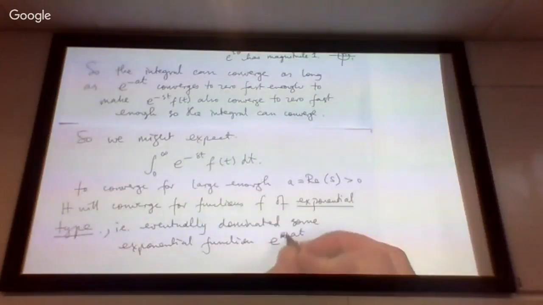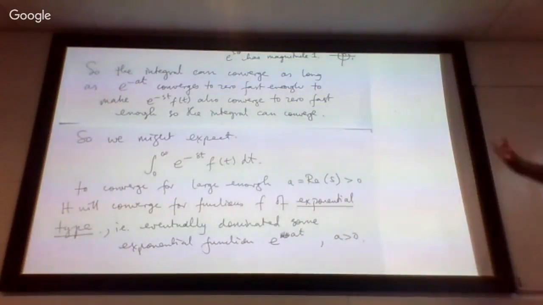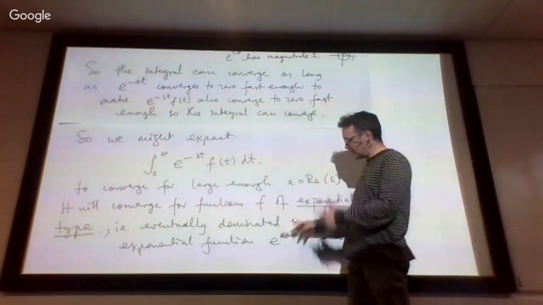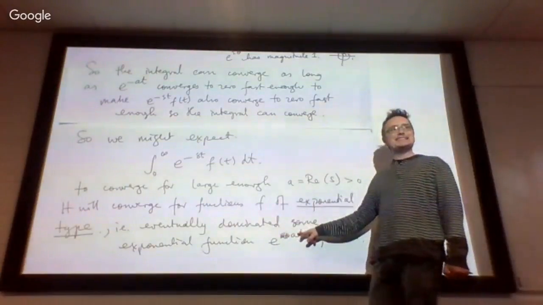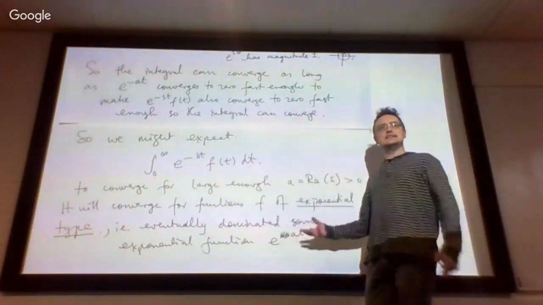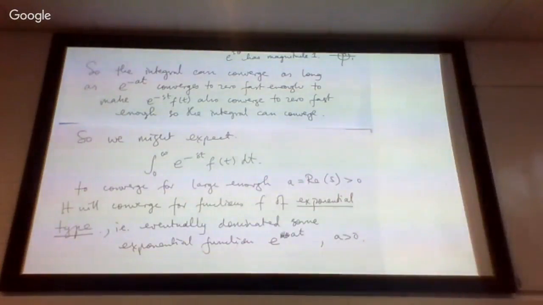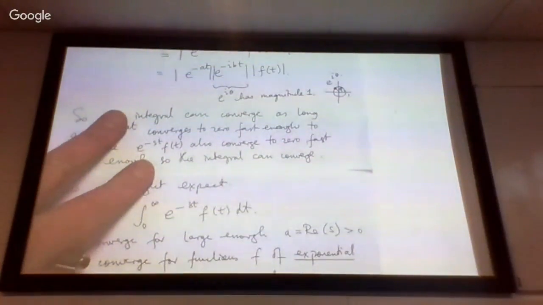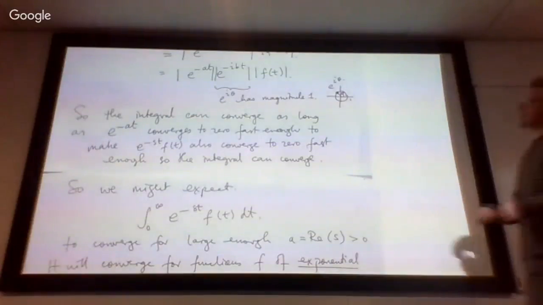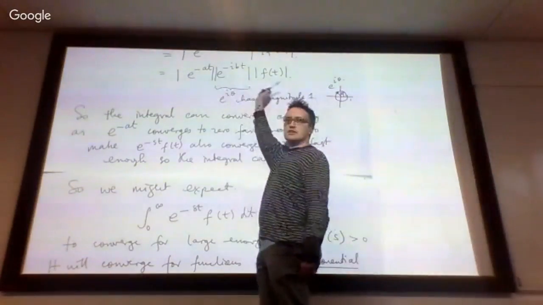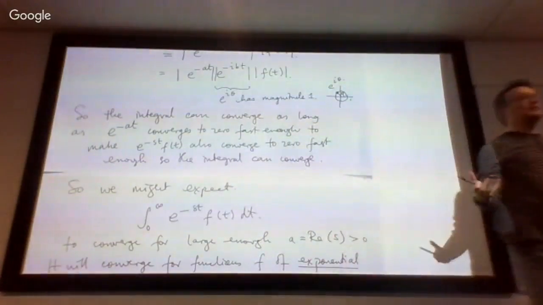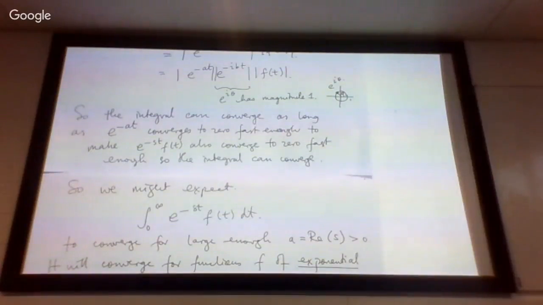The functions f that are eventually dominated by an exponential e to the at, meaning that they're less than e to the at. Then, because you've got e to the minus at present in the integrand, that factor will drag the whole thing down to 0, and so that will allow the integral to converge. Okay.